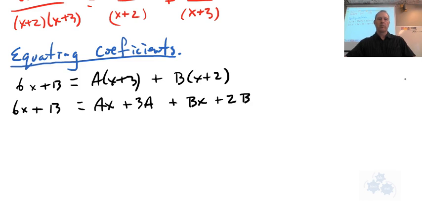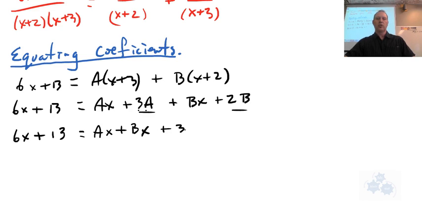Okay? And then we're going to rearrange a little bit. We're going to get all the x terms together, so it's going to be ax plus bx. And now remember, a is a constant, so 3a and 2b are constant terms. So we're just going to move those together.